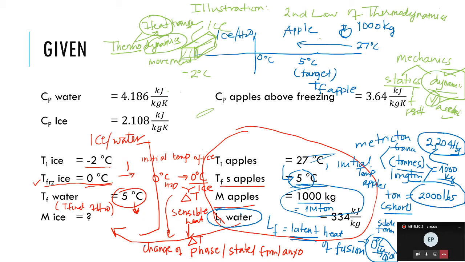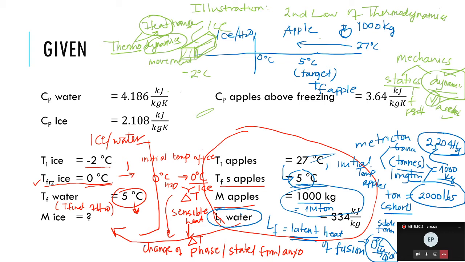Hindi pwede na malamig pumunta sa init. Na parang yung init ng araw, tas may bahay ka. Yung init ng araw, the heat of the sun rays will pass through the wall. Ay yung bahay mo naman ay mas malamig. It's initially colder, it will pass through the wall.